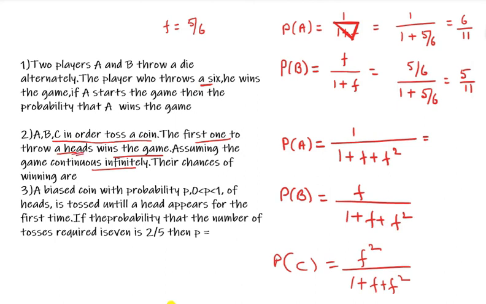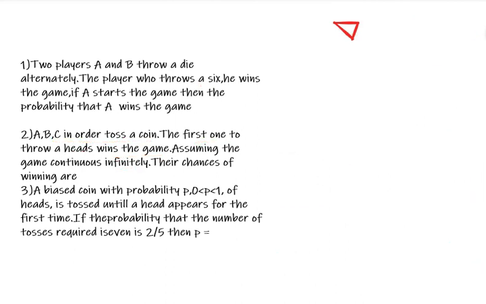Here, getting a head is a success. Failure is 1 by 2. That's why 1 by 1 plus 1 by 2 plus 1 by 4, you will get the answer for A's winning. Similarly, for B, 1 by 2 with the same denominator, and for C, 1 by 4 with the same denominator, you will get the answer.